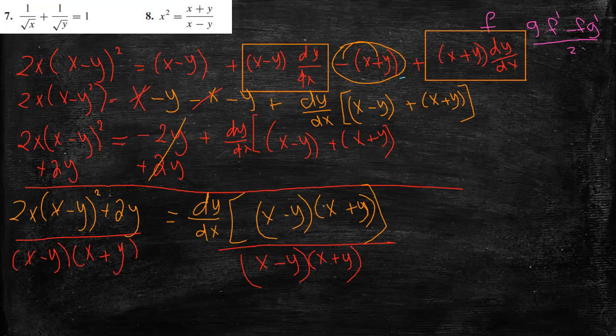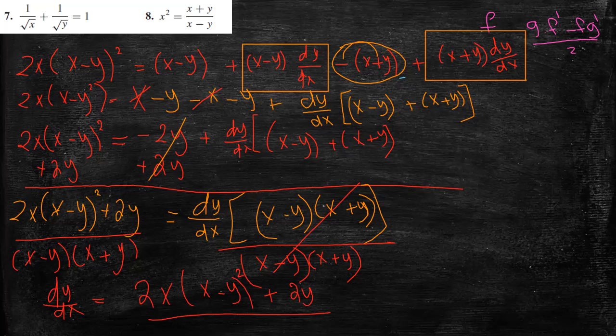So dy over dx is 2x times (x minus y) squared plus 2y over (x minus y) times (x plus y), which you will get x squared minus y squared. This will be now the final answer.